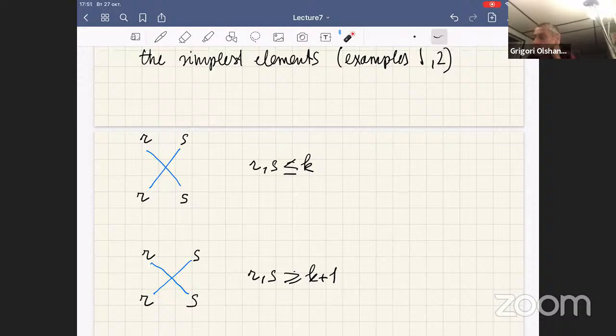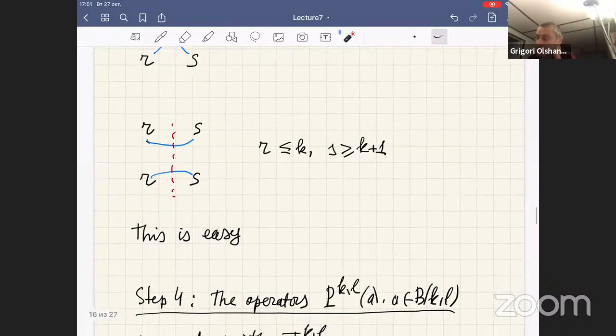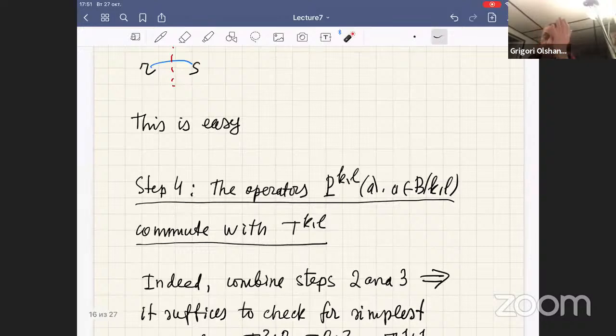And this corresponds to the indices R and S, which are two white nodes, and these are possibly two black nodes. They have to be bigger than K. And finally, one simplest picture of such a type, where R is white and S is black. This is really easy to see, just from the definition of the multiplication in the Walled Brauer semigroup.